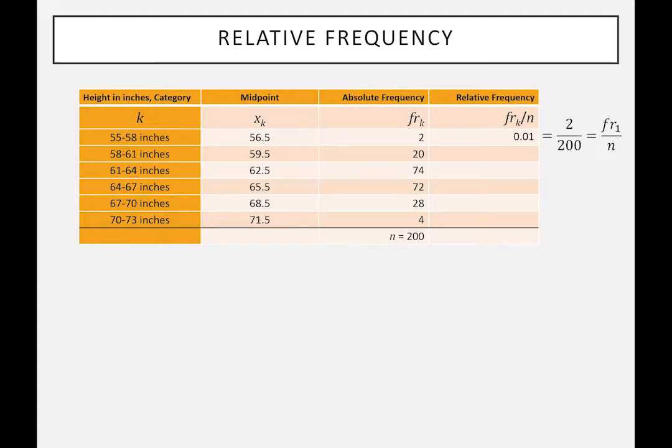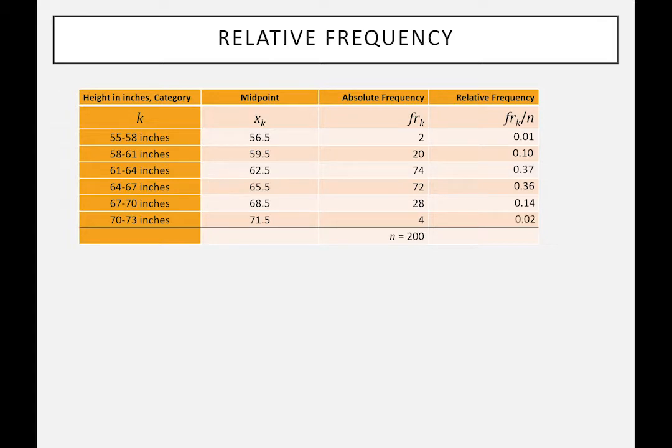The next group, there's going to be 20 of them of 200, so that would be 10%, or in decimal form, 0.10. Here I've got the different categories, or cells, referred to as K. So I've got the midpoint value for K, and then the absolute frequency for K, and then the absolute frequency divided by the sample size 200 gives me the relative frequency, and so on and so forth. I keep going. 74 gives 0.37, then 0.36, 0.14, and 2.